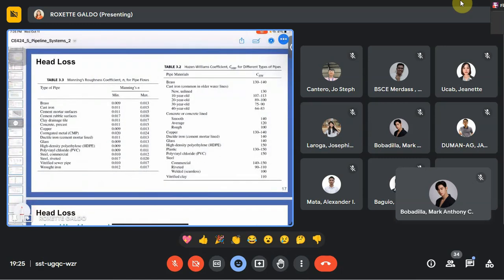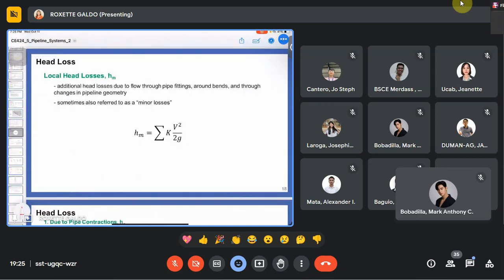They show the range of the roughness coefficient for each type of pipe, whether it is brass or cast iron, concrete or copper, steel or plastic. So those are the ranges of their roughness coefficient.